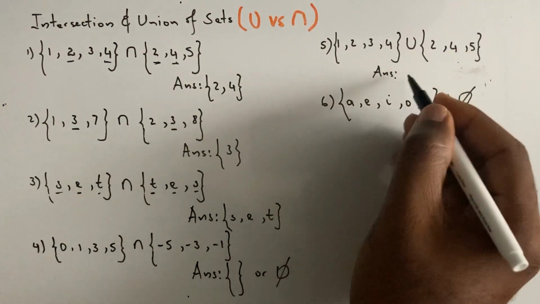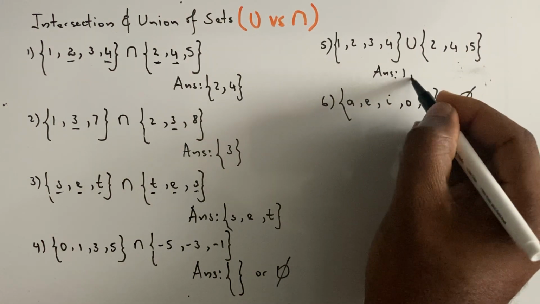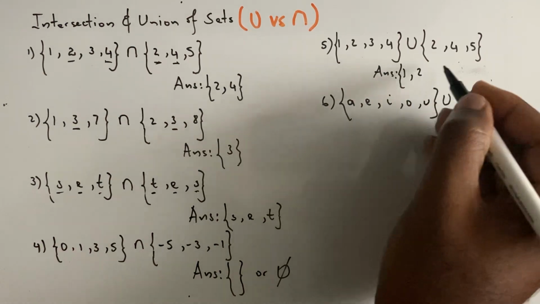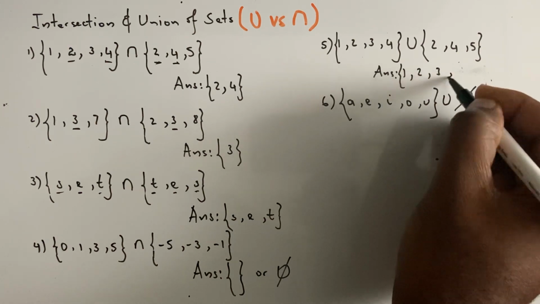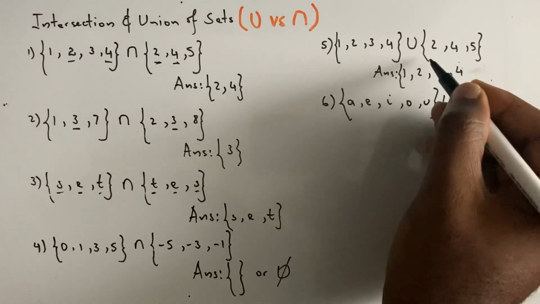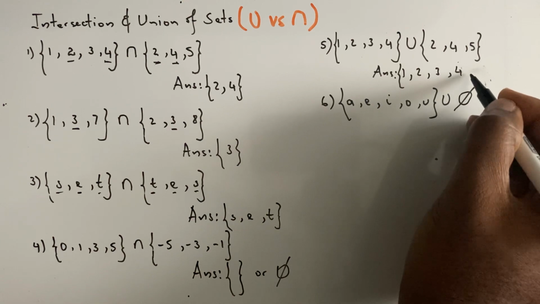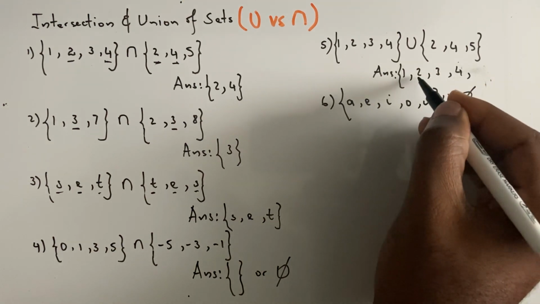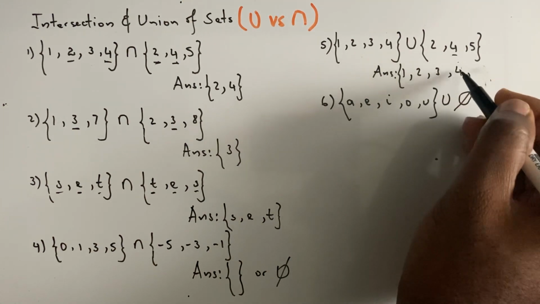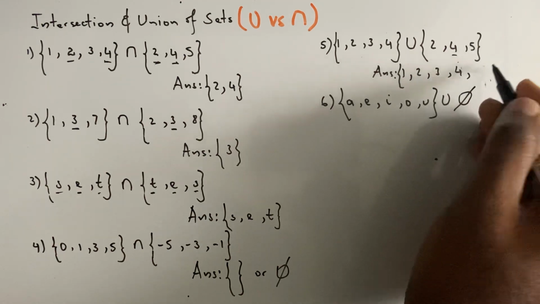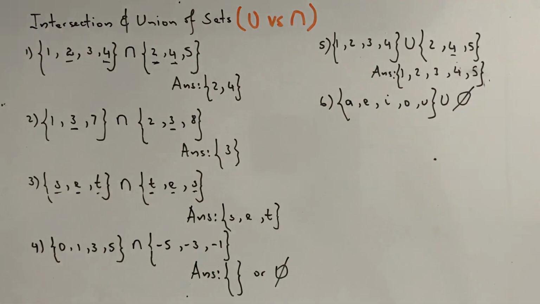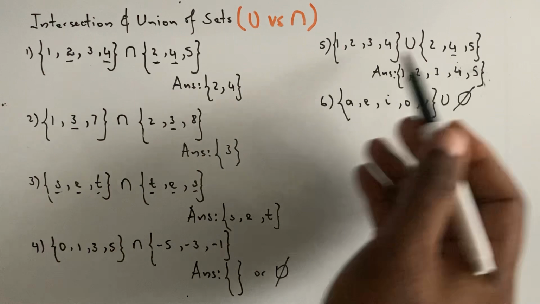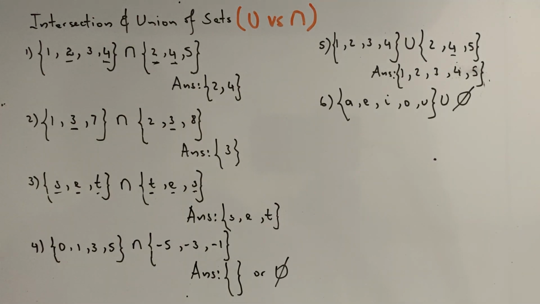I'll take the first set and put 1, 2, 3, 4. Then I'm going to put the second set. 2, I don't have to repeat because 2 is already here. How about 4? 4 is already here. How about 5? I can put 5 here. So you just put everything without repeating things. That's what you call the union. So you put things together.